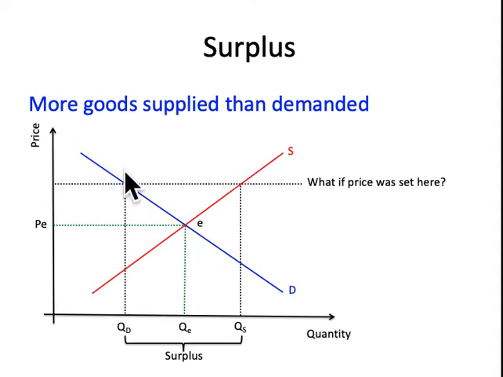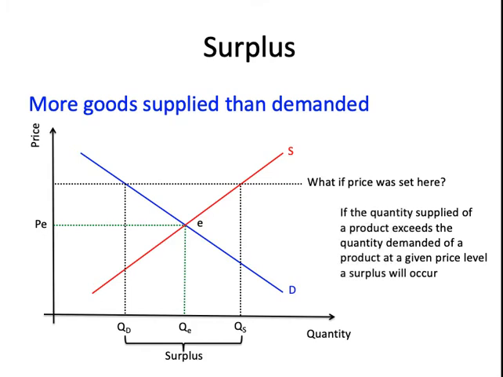I said the quantity demanded is low at this price, while the quantity supplied is high at this price. And so that terminology is very important. So to say quantity supplied is different than saying supply, and to say quantity demanded is different than saying demand. So if the quantity supplied of a product exceeds the quantity demanded of a product at a given price level, a surplus should and will occur. So that's our basic understanding of surplus.